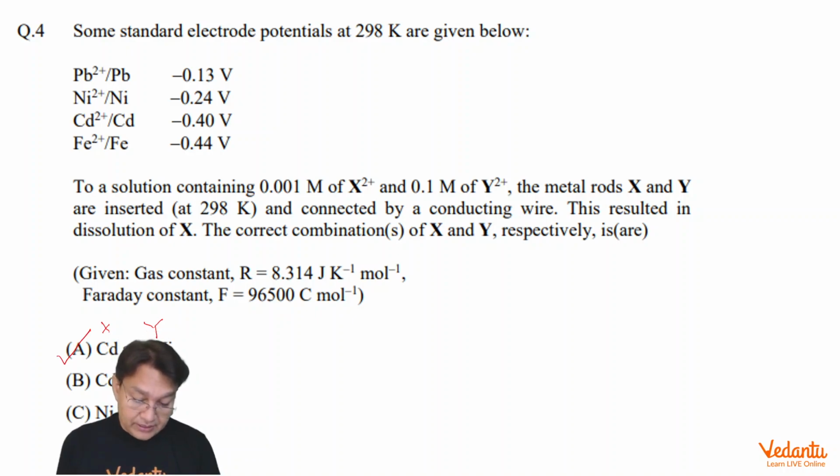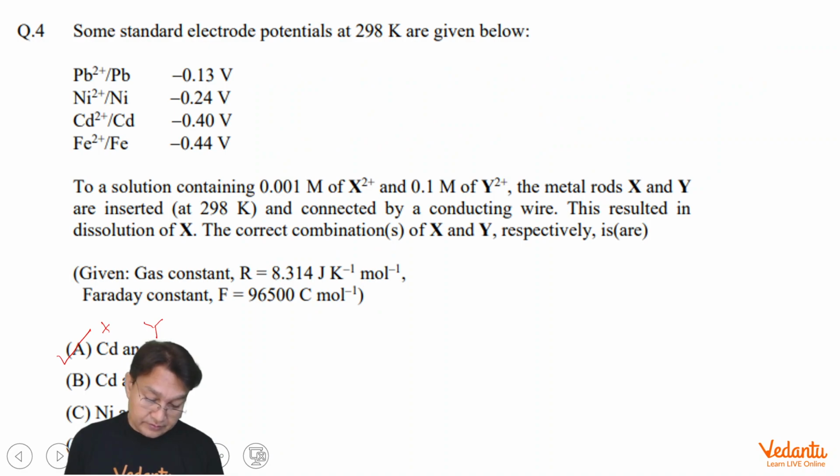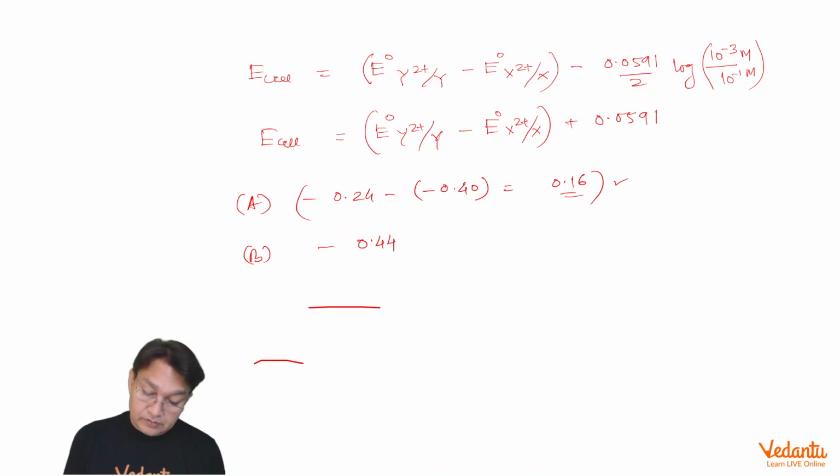Similarly, for option B, Cd and Fe are there. Fe will act as a cathode, so -0.44, and cadmium minus of -0.4, so that is coming out to be -0.04.